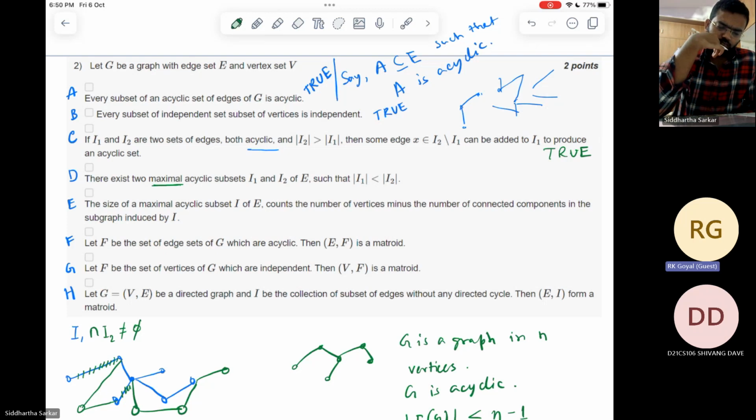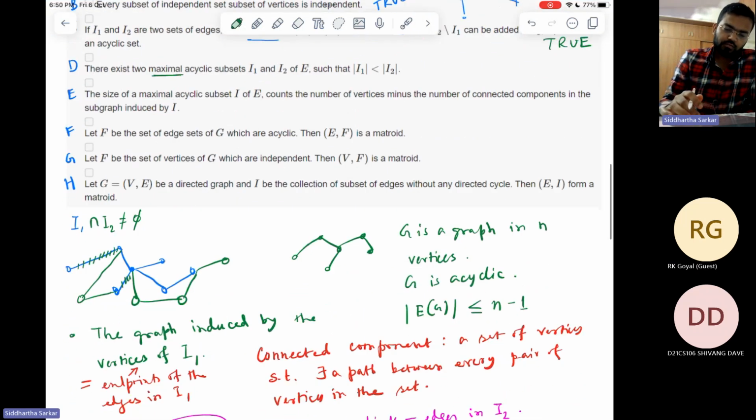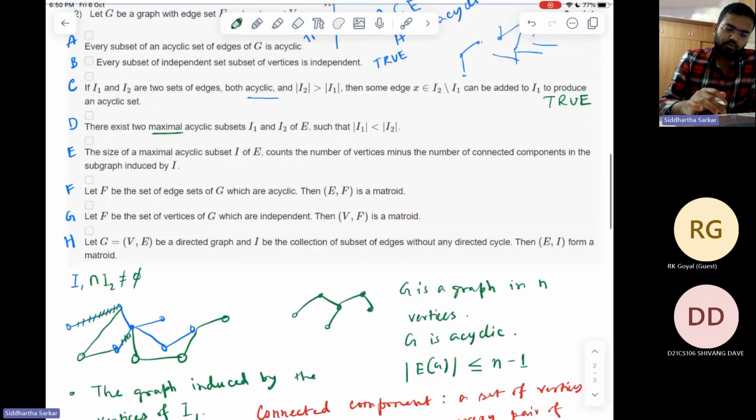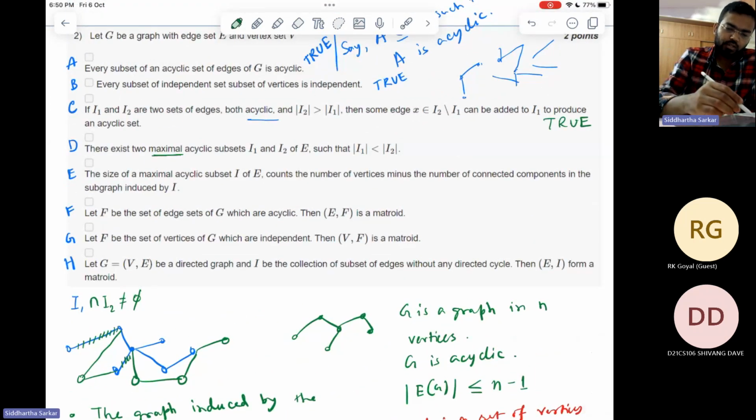But then if we consider the total number of edges in an acyclic thing, no, this is not substantial. The logic is not that substantial. Let's do one thing, let's have some notation. We are saying that there exist two sets. What I understood is that you said the cardinality of I1 is something, N1, and of I2 is N2, so N2 is more than N1.